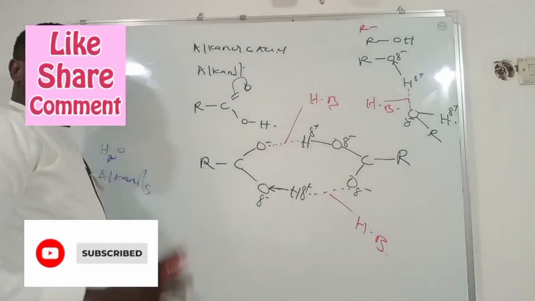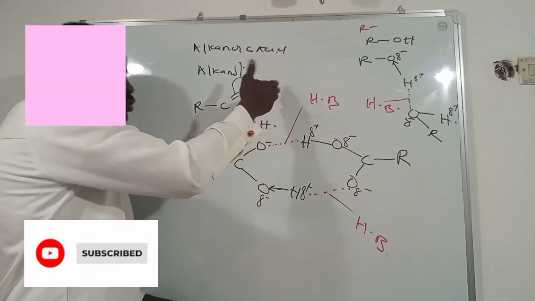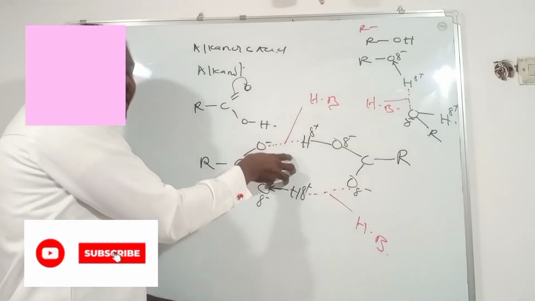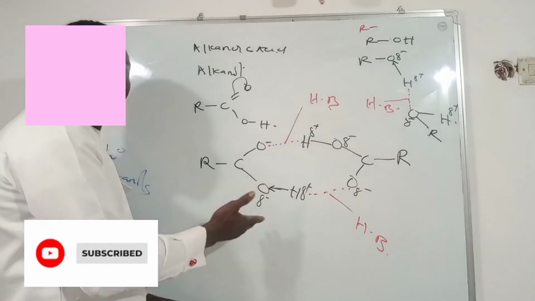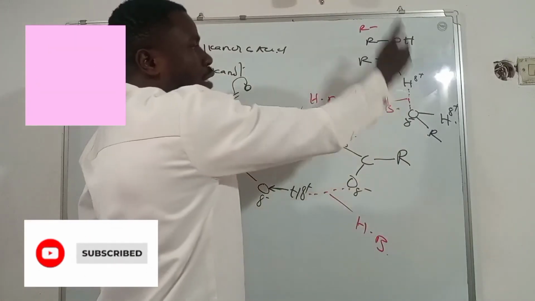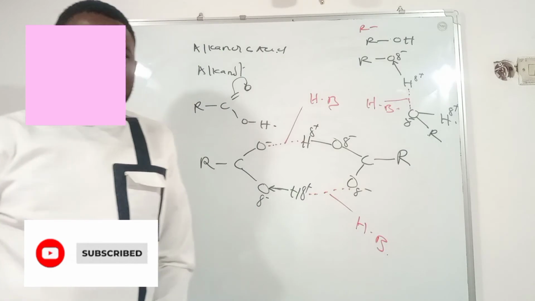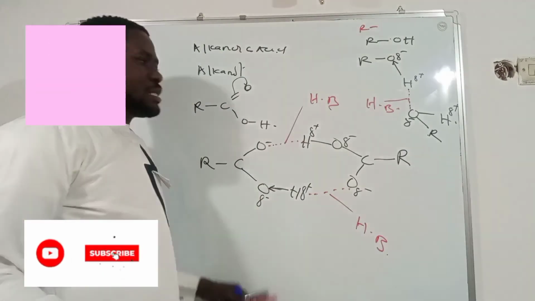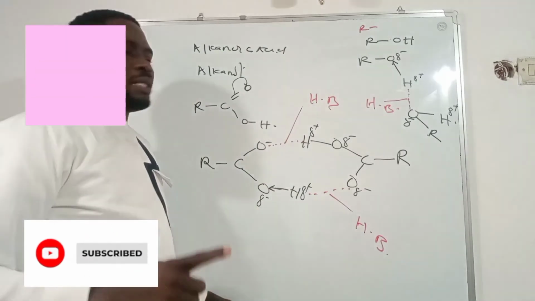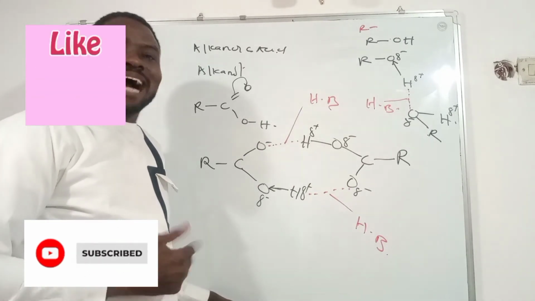Therefore, you need more heat to vaporize the alkanoic acid, because there are two hydrogen bonds. You need more heat to break the two than you will need in the case of alkanol, where we have only one single hydrogen bond. So this is why we say that the boiling point of alkanoic acid is higher than that of alkanols.